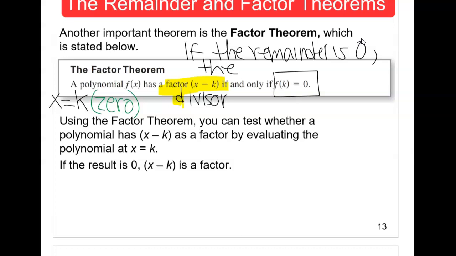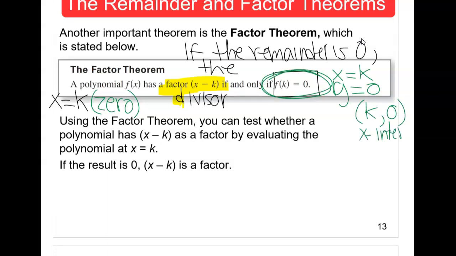So that merged with the remainder theorem tells me that f of k is equal to 0, meaning that when x equals k, the y value is equal to 0. Or we could have the point k comma 0 as an x-intercept. So as you can see, they're all connected.